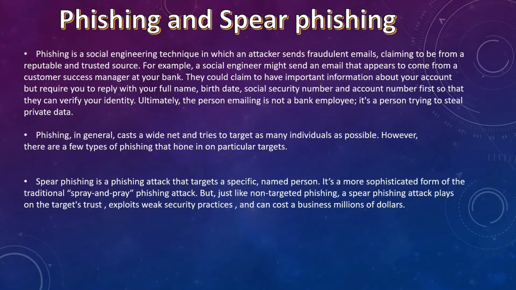Whatever they want to get from you, they just know your name and your email ID. Here they try to hack a single person at a time. So that can be a spear phishing attack. This is basically the main difference between phishing and spear phishing. Phishing is non-targeted.